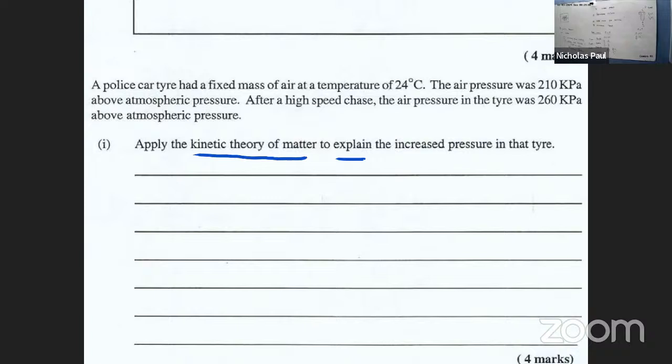Take a little read. A car tyre had a fixed mass of air. On the Monday, the air pressure is 210 above atmospheric. After a high speed chase, the air pressure is now 260 above atmospheric, right? Atmospheric is 100, for those who don't know.